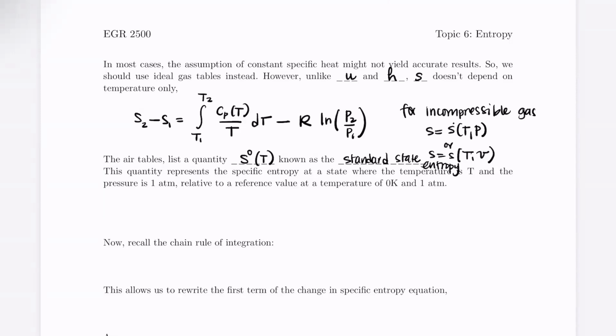And it represents the specific entropy at a state where the temperature is T and the pressure is 1 atmosphere, relative to a reference value at a temperature of 0 Kelvin and 1 atmosphere. Okay, so it is defined like this: S0 of T is equal to the integral from 0 to T of Cp of T divided by T dT.